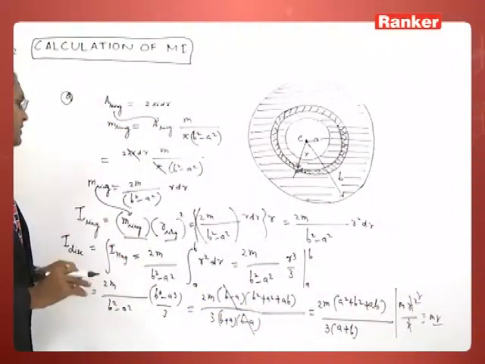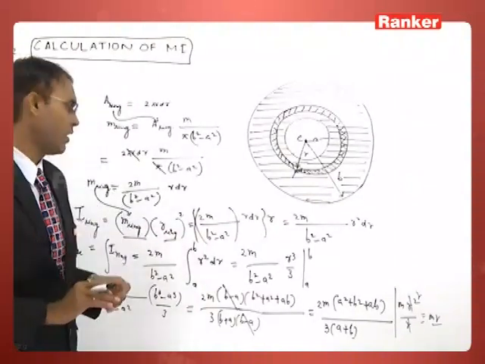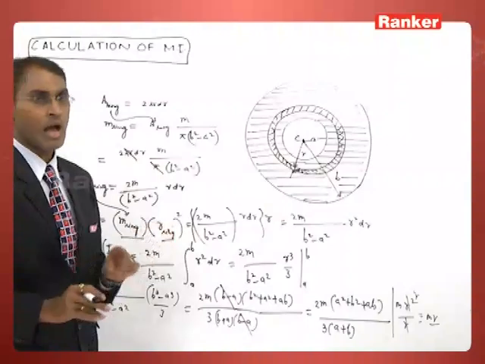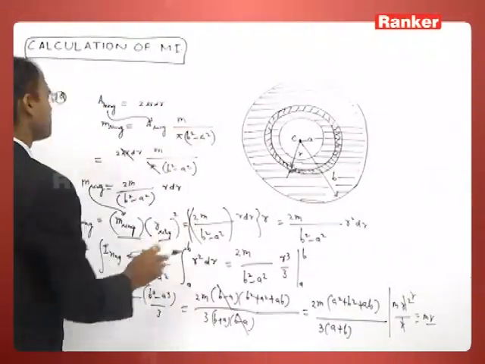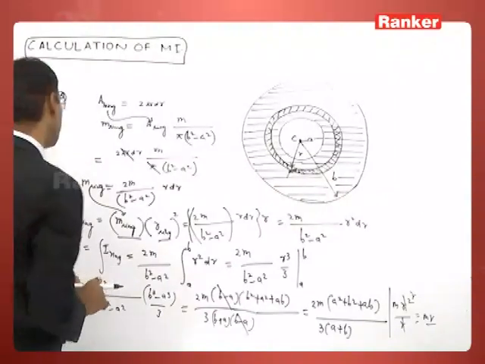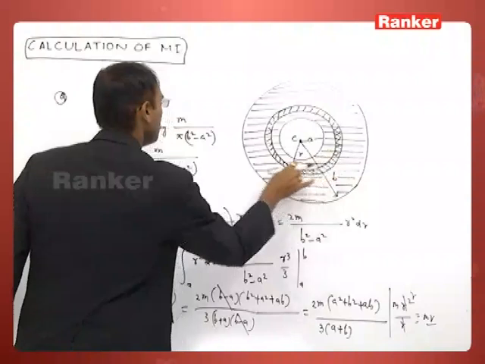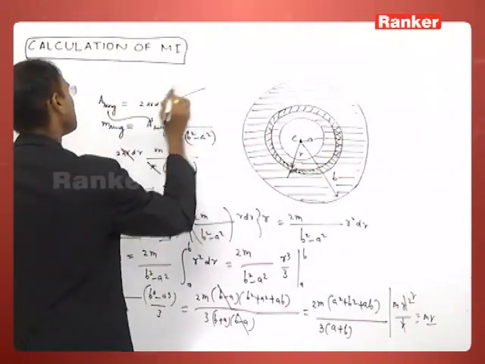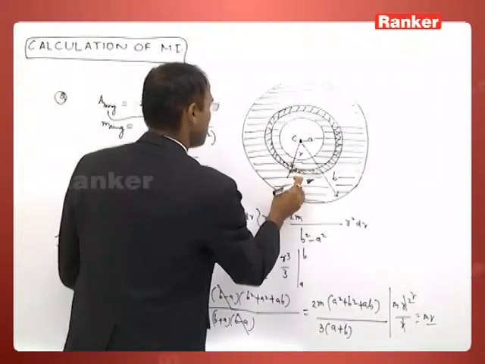It happens many times in the mode of calculation that we may get a wrong answer. Once you trace that the answer is wrong, how to correct it? So, you have to check the steps you have done. Area of the thin ring, this is absolutely correct, this 2 pi r dr. 2 pi r is the length.